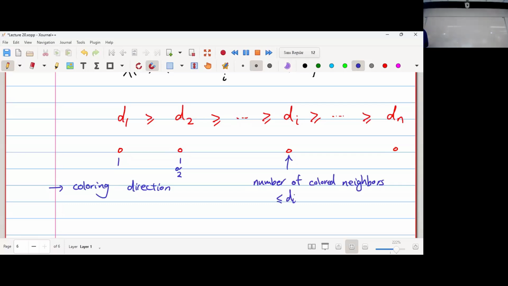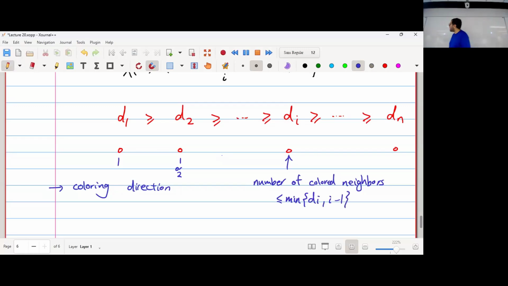But what else do I know? I know that this is the ith vertex that I'm coloring. So before getting here, I've colored at most i minus 1 vertices. So the number of colored neighbors is also less than or equal to i minus 1. So when I get to vertex i, the number of colored neighbors is less than or equal to the minimum of d_i and i minus 1.